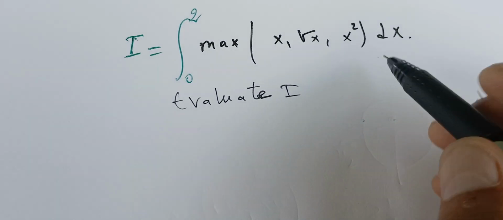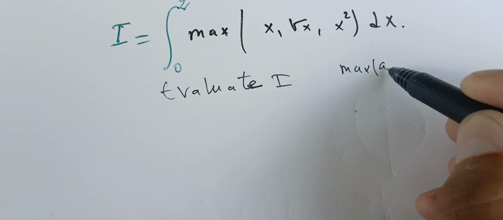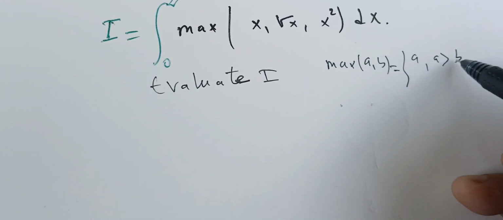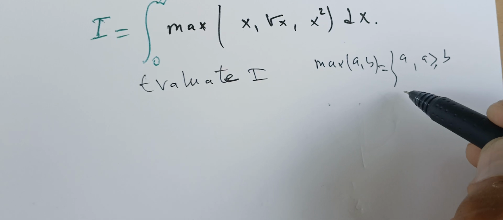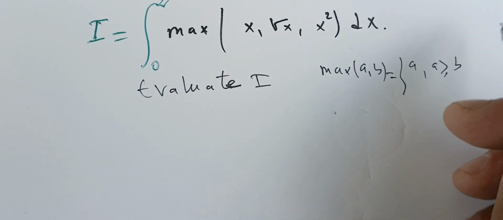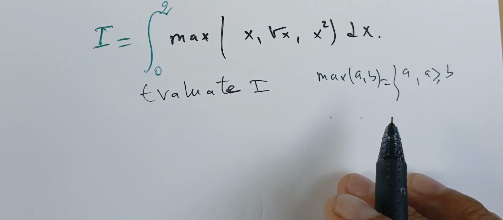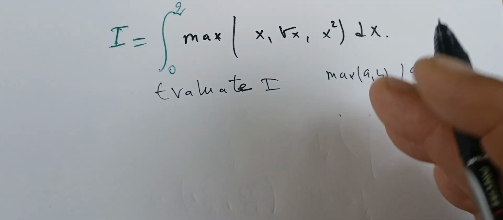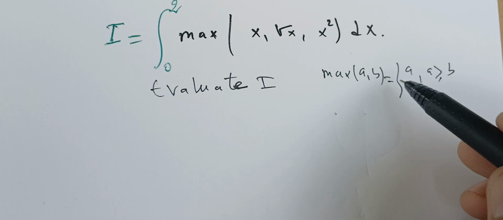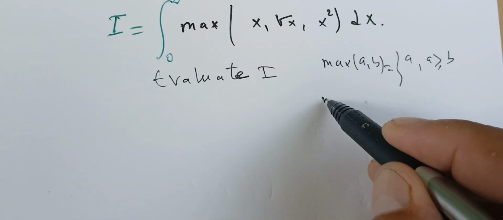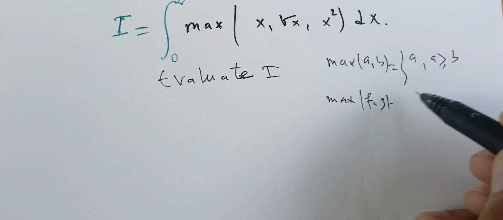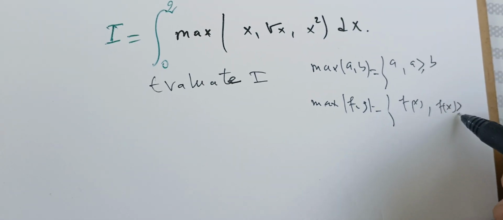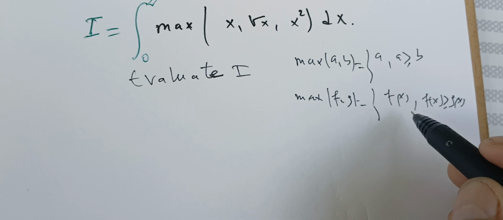And we remember that if we have the two numbers a and b, then the maximum of a, b is a if a is bigger than b. So that's the same thing here. We can also define that for two functions. So the maximum of two functions f and g is f of x if f of x is bigger than g of x in some interval.